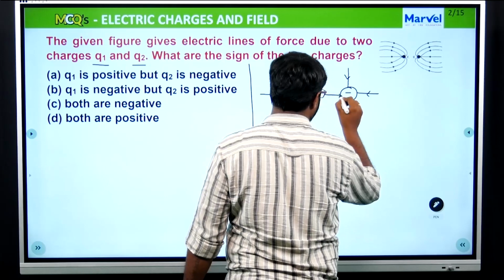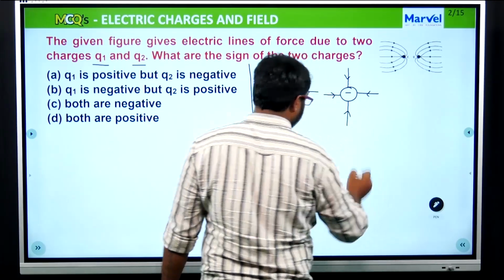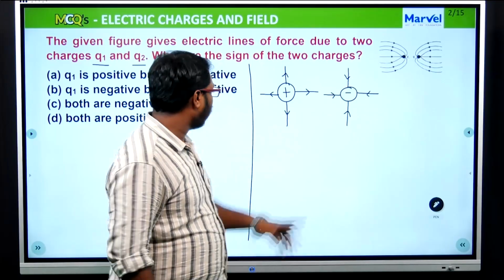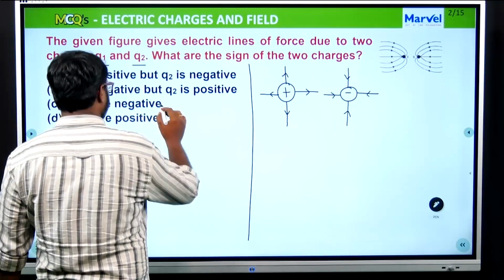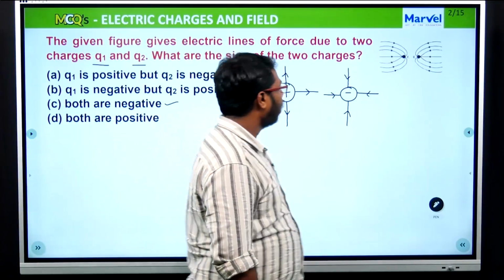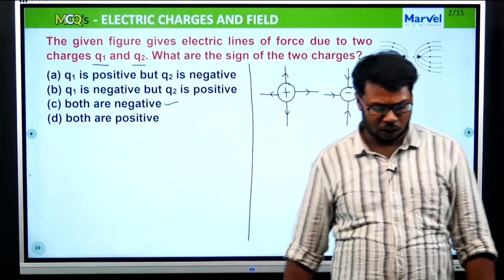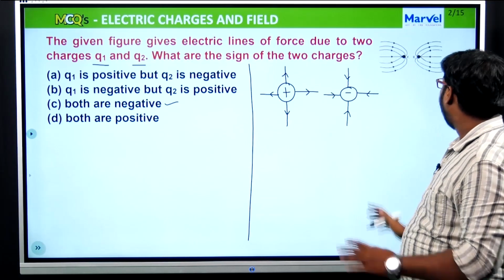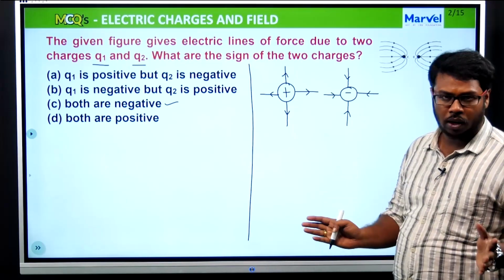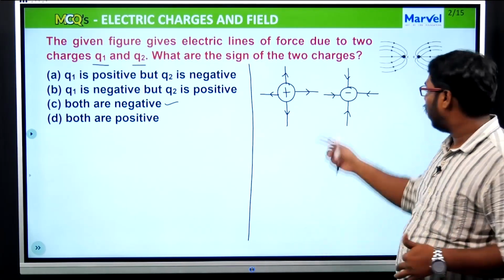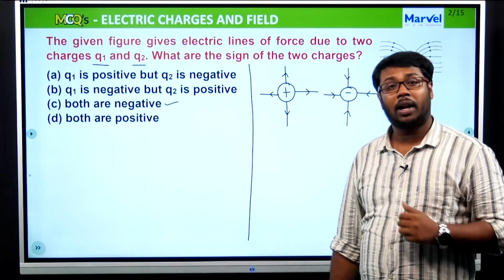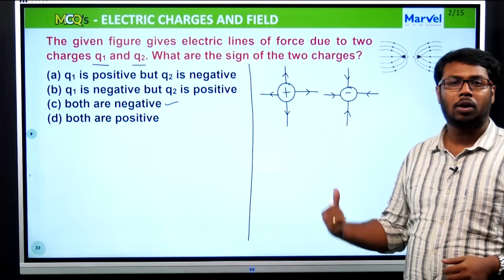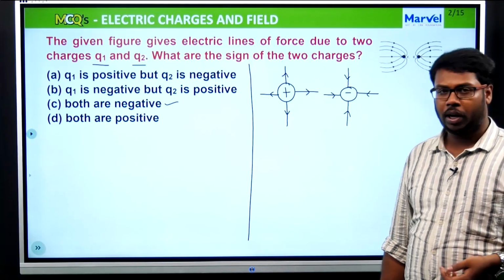We already know this very well. So with this idea, I can conclude that both the charges are negative in nature. Clear? So this is how things really work. I didn't look at the behavior of the electric lines, rather I just saw their direction, which is converging into the charge, which proves that this particular charge is negative.